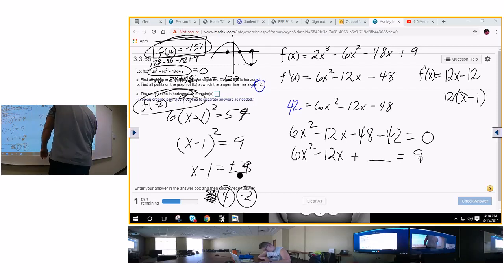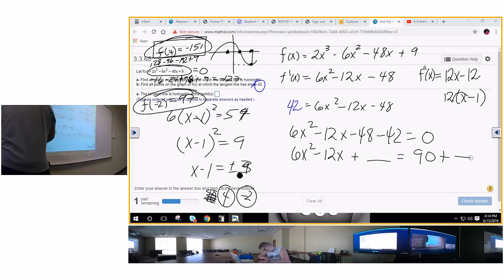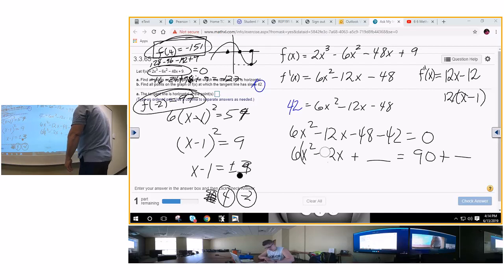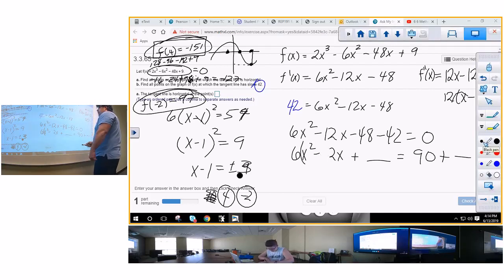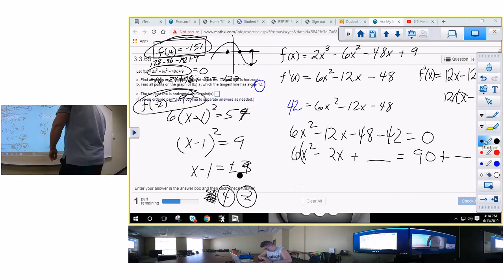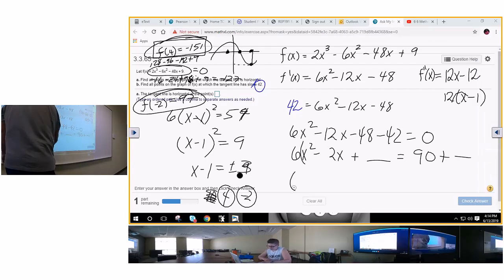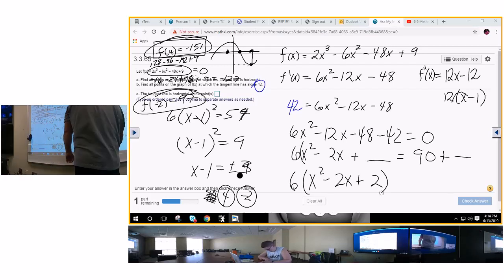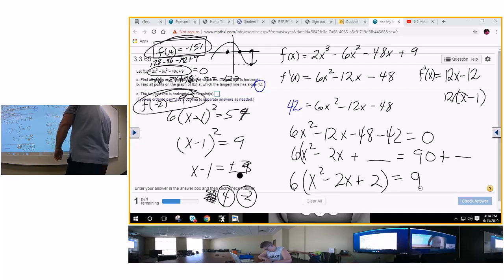Positive 90. I'm going to just factor that 6 out. That'll be x squared minus 2x plus... I'm just going to erase that, trying to save a little bit of room and time. Okay? There we go. And that's going to be 6 times x squared minus 2x plus what? 92?